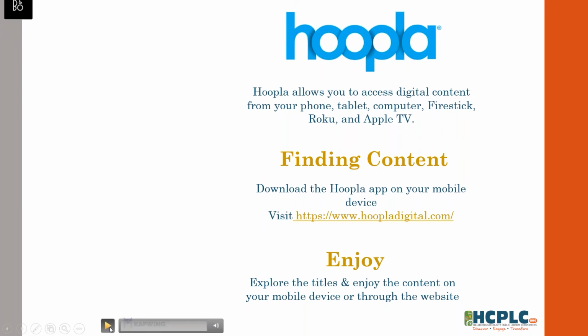So there's different ways that you can find their content. One, again, is by going through the app on the mobile device, which is what we'll be covering today. But you can also find that material by going to www.hoopladigital.com. And then once we walk you through this, you can just start enjoying your titles.